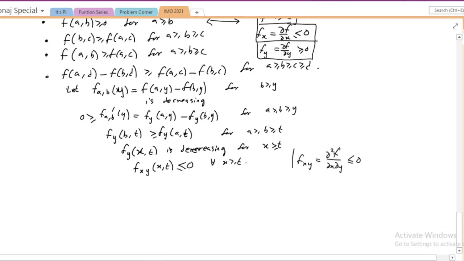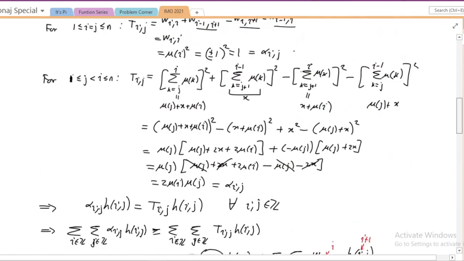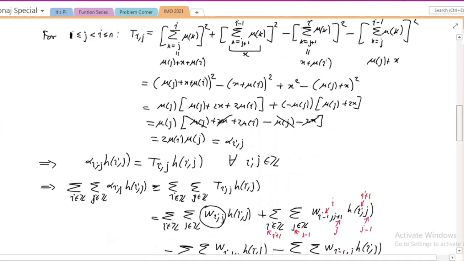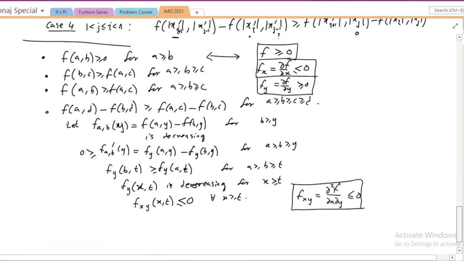Okay, so this is what it takes for h to be well defined based on what we defined here and how we used it. So any function that satisfies this is good to go.